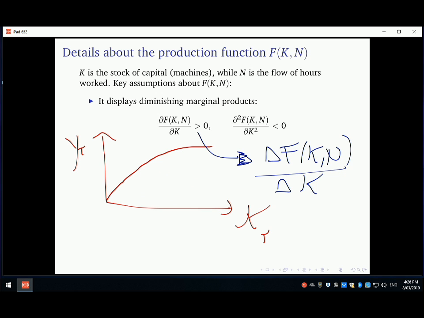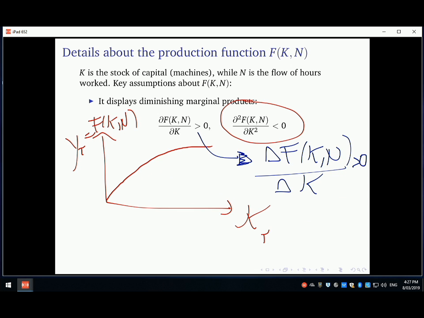But we also know from that graph that this is F, so you don't get confused. While we know that it is positive because production keeps increasing when you increase capital, we also know that it increases at decreasing rates. This is a concave curve because of diminishing marginal products, which means that the second derivative, the change in the slope, is negative.